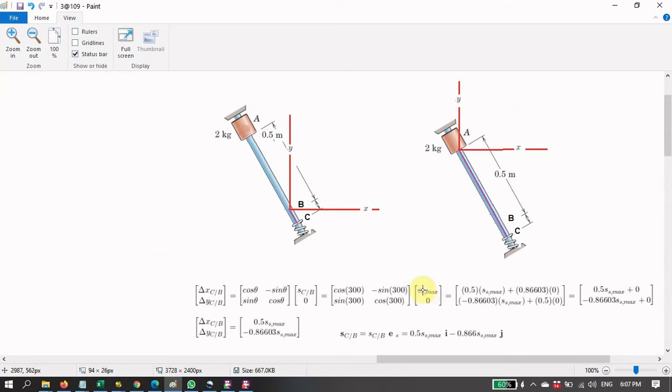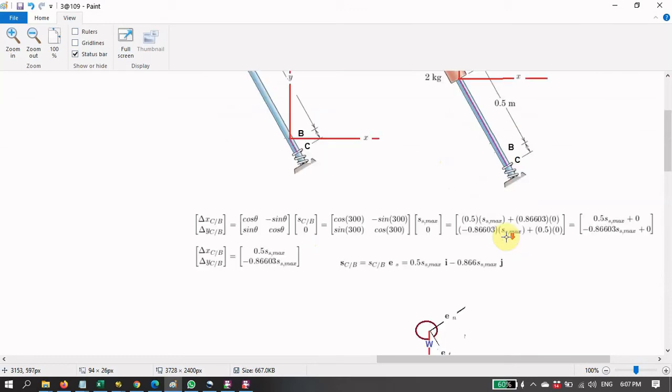And the next stage is to get the stretch length of the spring. First, we look at the position vector from B to C, and then we get the position from A to C, in order for us to evaluate the stretch of the spring.